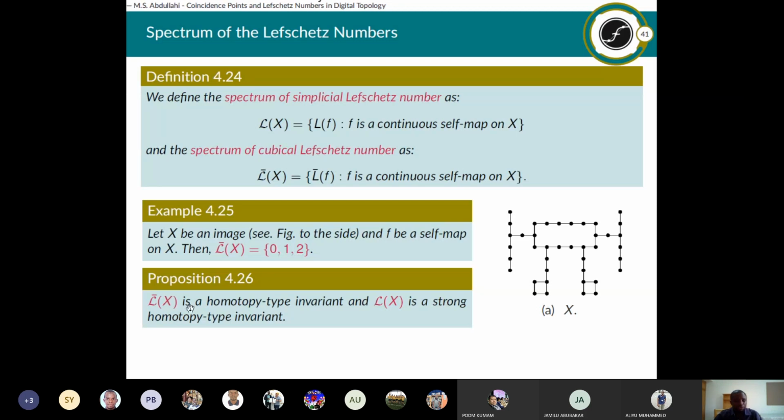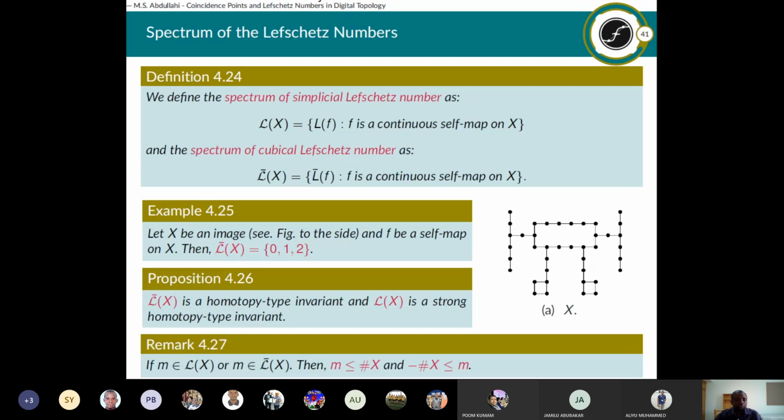And also, unlike the homotopy fixed point spectrum and the coincidence point spectrum, we found that for the spectrum of Lefschetz numbers, the cubical one is homotopy invariant, and the simplicial one is strong homotopy invariant.